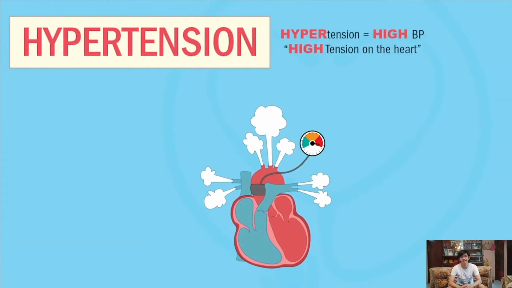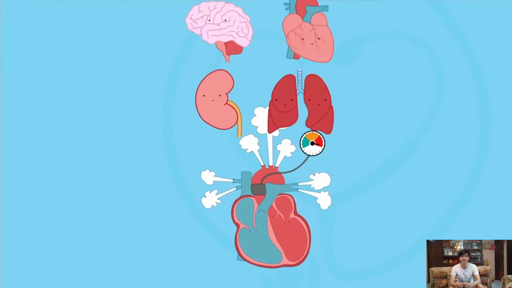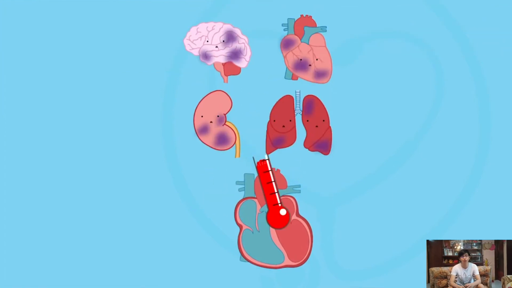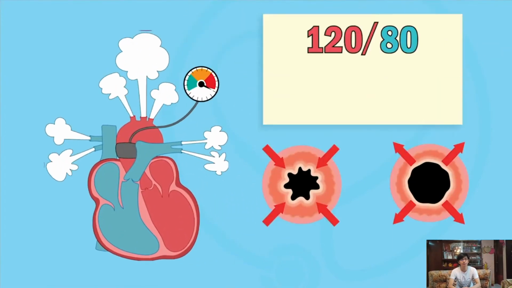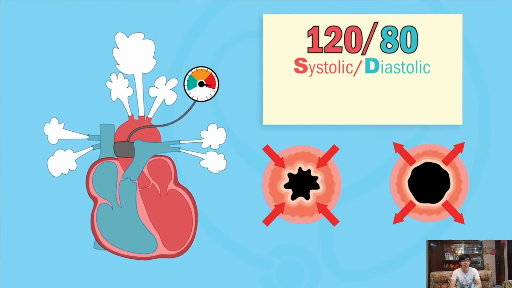Hello. What is hypertension? Hyper means high and tension means pressure. Therefore, hypertension means high blood pressure, meaning high tension in the heart, high tension in the arteries and vital organs. Normal blood pressure is 120 over 80 millimeters mercury.